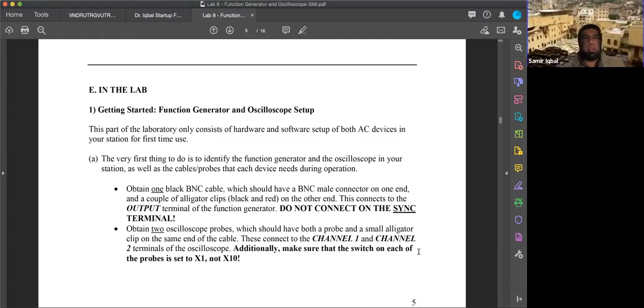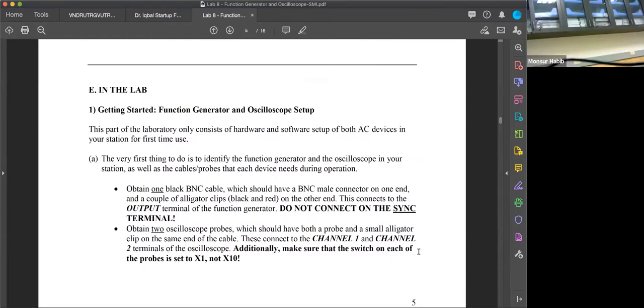All right, show them the BNC cable: a BNC cable on one end and a couple of alligator clips on the other side. Just a few seconds, if you could wait. I have a bit of setup to do.